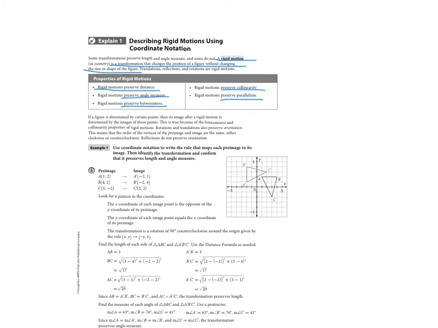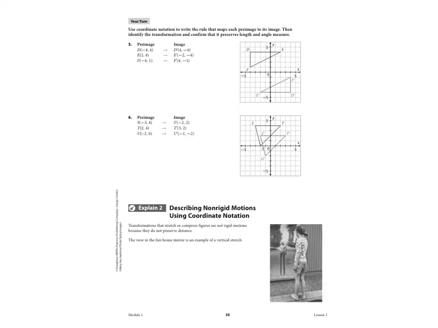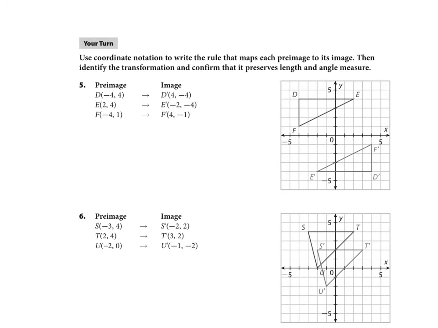Let's go to page 35. It says, write the rule that maps each pre-image to its image. So, x, y goes to, and what's happening here between the x's and the y's? It's kind of hard to tell with point D, because it's the same number for x and y.